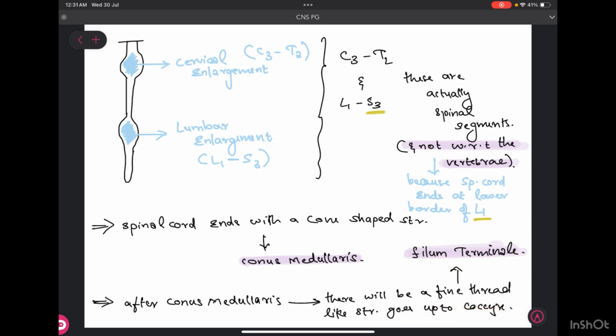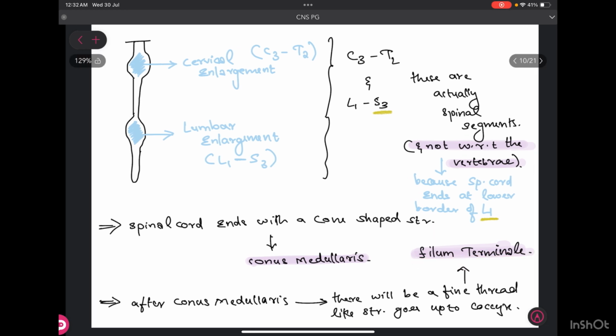So there are certain terminologies: the cervical enlargement, its extent with respect to the spinal segment, the lumbar enlargement and its extent, and the conus medullaris, the cone-shaped end of the spinal cord. From it, a thread-like structure runs up to the coccyx. That is called the filum terminale. I guess that is also clear.